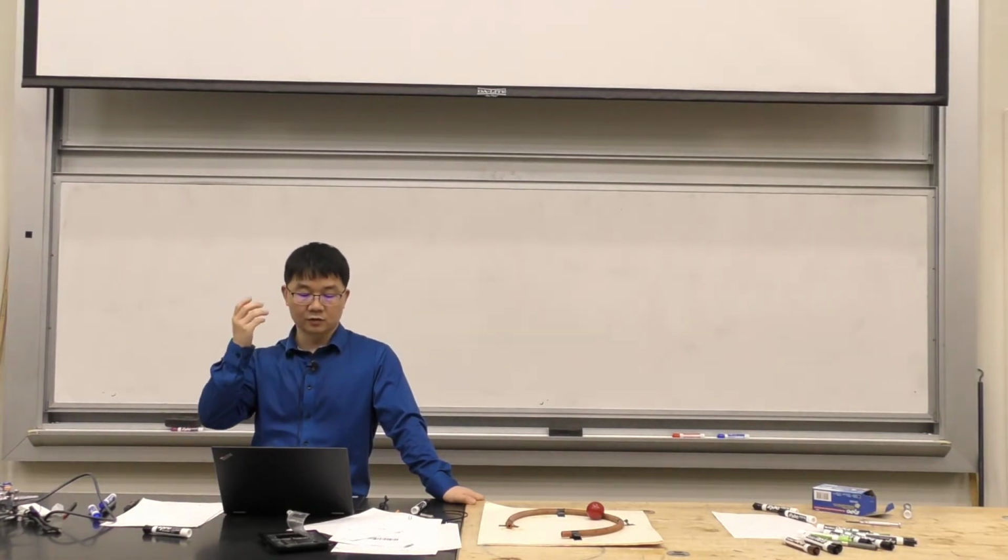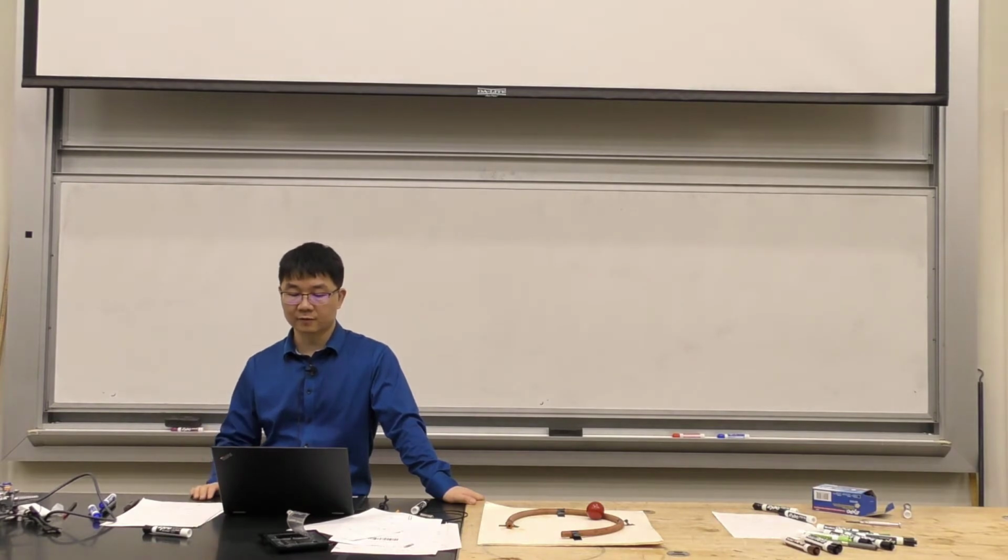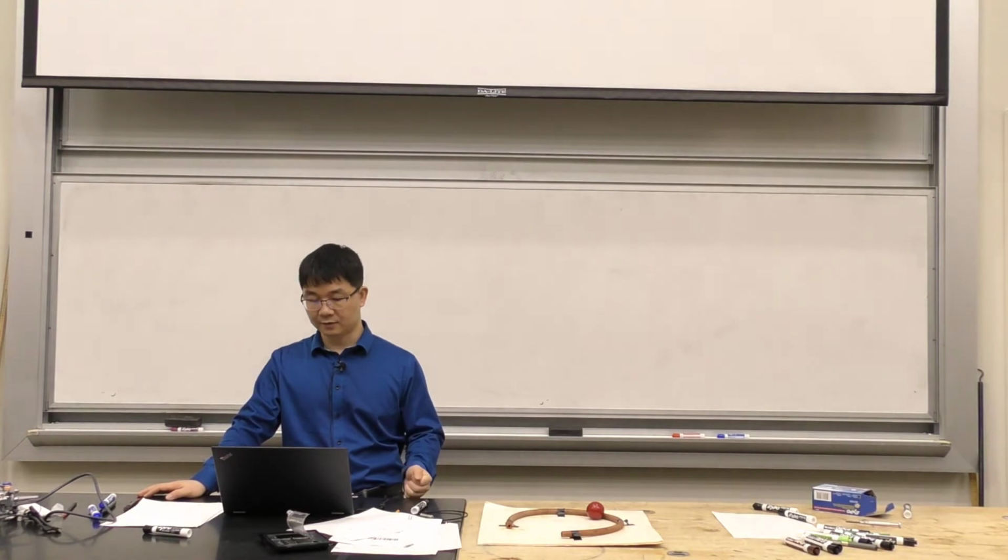So what Galileo and Newton realized is that no net force is needed to keep an object moving at a constant velocity. Most people will feel like this is not that intuitive. It's sort of counterintuitive. Like if I want to move something, I do need a force to keep this thing moving.